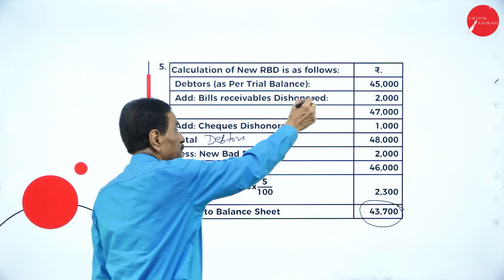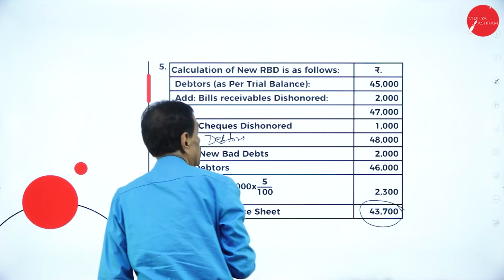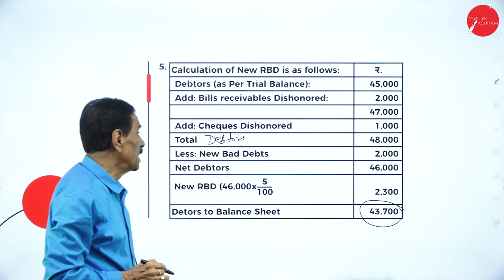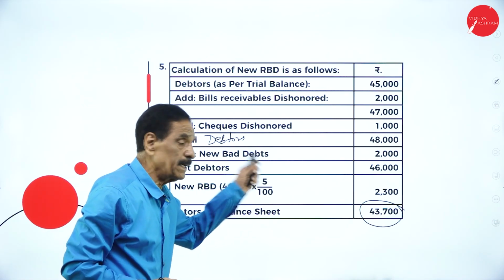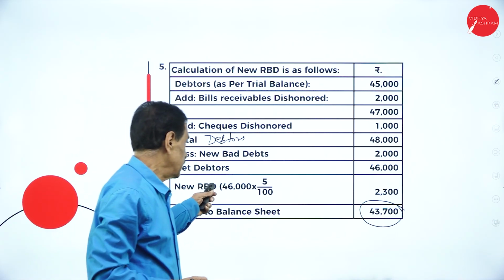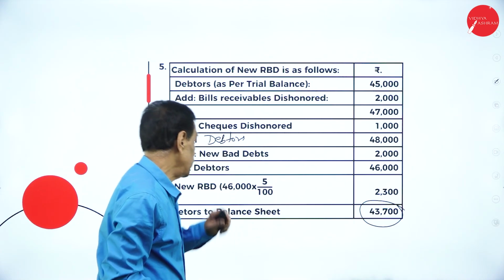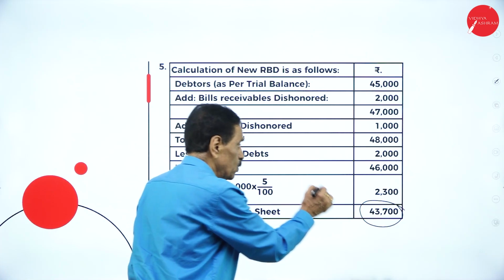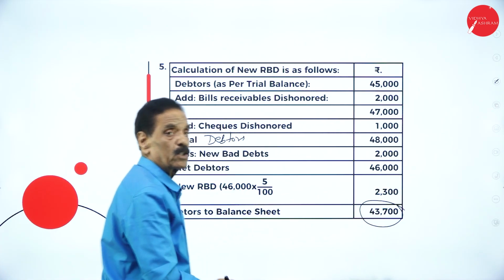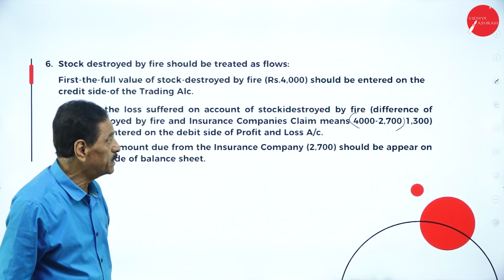Debtor as per trial balance 45,000. Less BR dishonor 2,000. Less check dishonor 1,000, 48,000. Less new bad debt 2,000. Then you'll have 46,000 new debtor. On that new RBD is 5%, 2,300. Debtors to the balance sheet is 43,700.